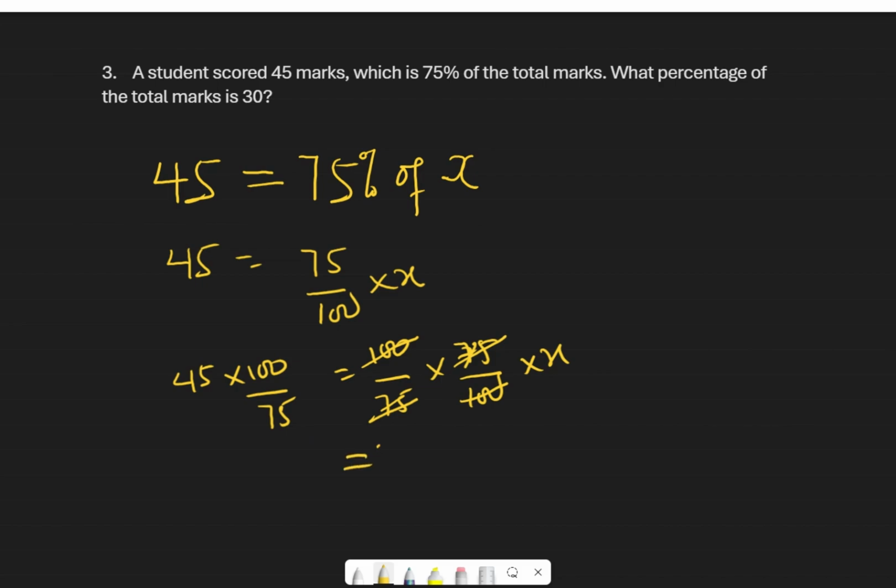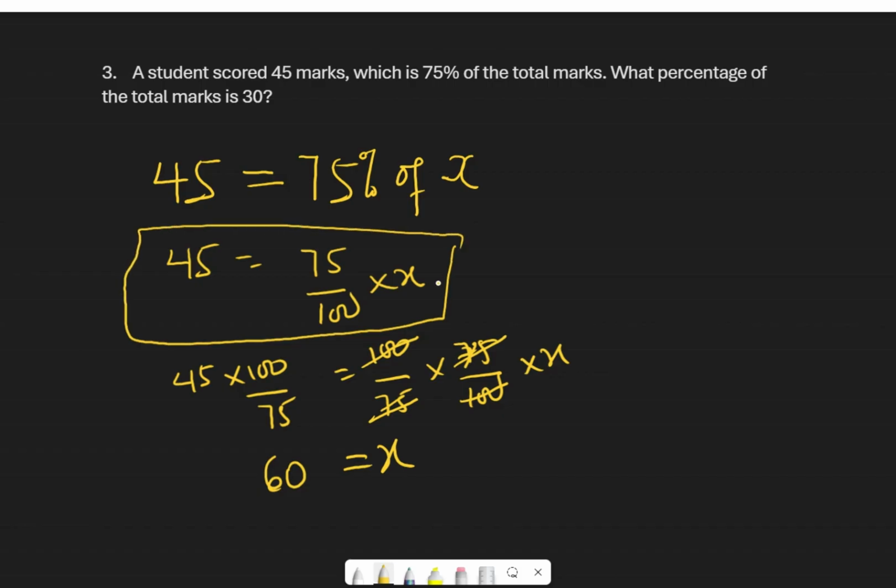When you use your calculator, what do you get? You get x to be 60. I expect you to use your calculator. You can punch this on the calculator.